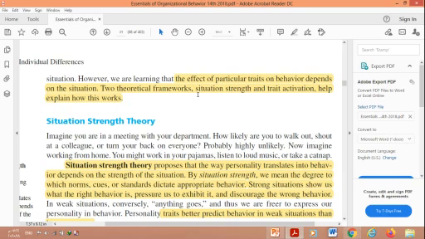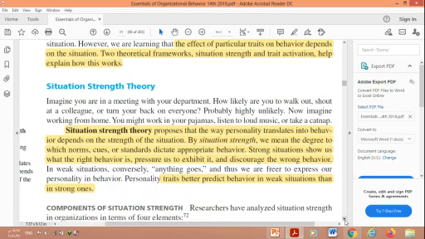So for that reason we have to discuss some theories related to the situations that affect our behavior or reflect our personality, such as the situation strength theory and the trait activation theory. Let's start with the first theory, the situation strength theory.